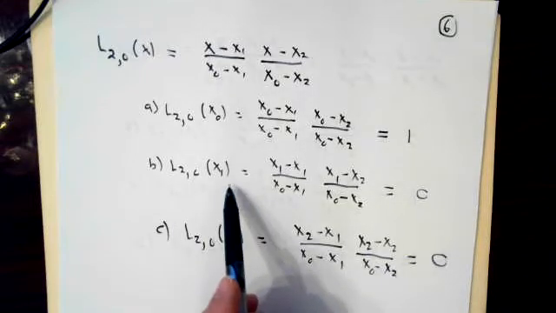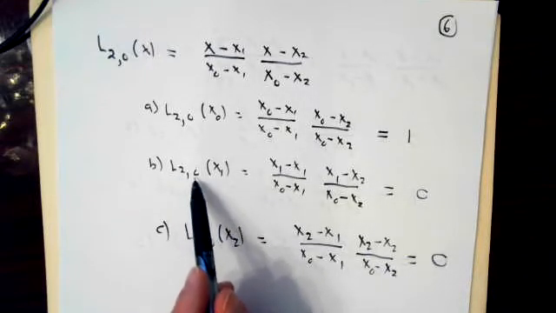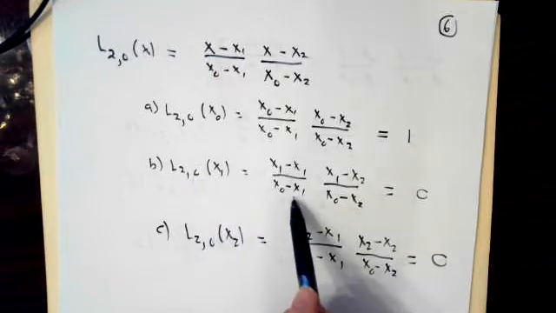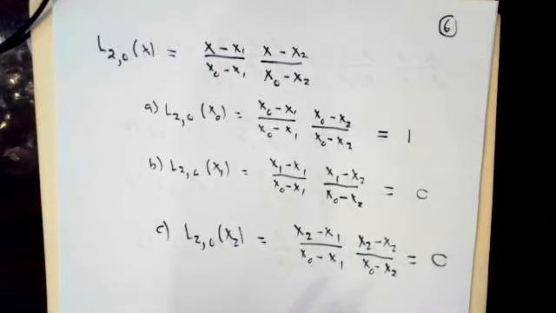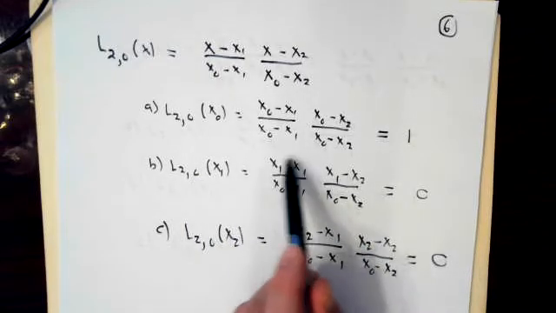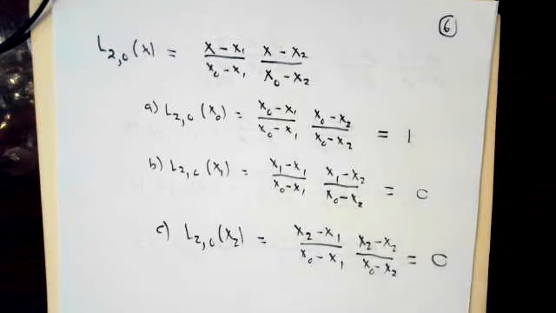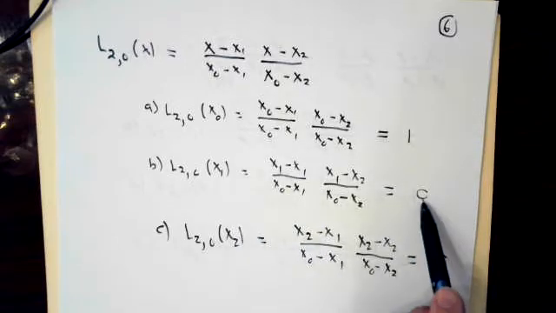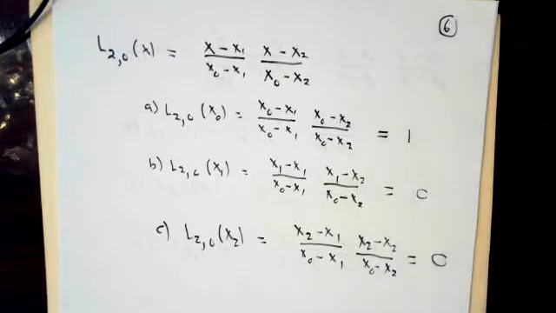If I plug in x1 into L2 comma 0, I get this, but one of the numerators is x1 minus x1. One of these factors is actually 0, so the product is 0.